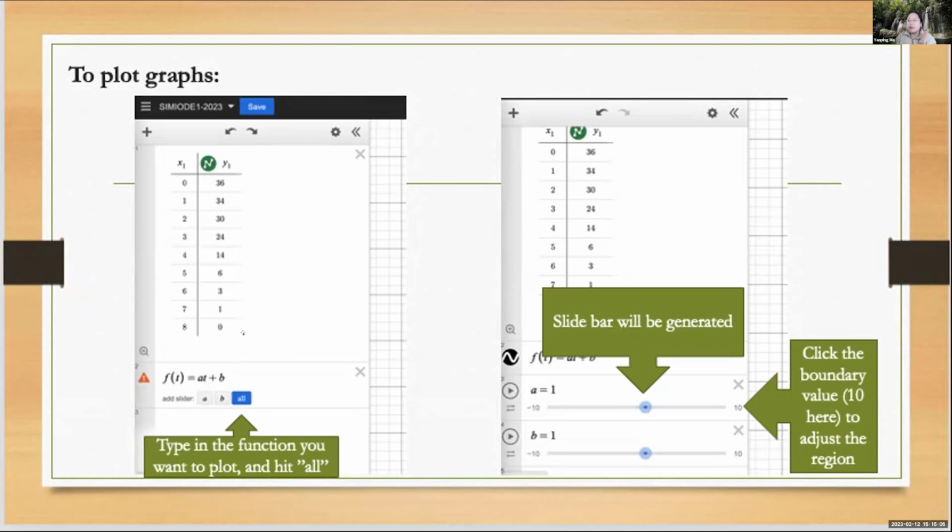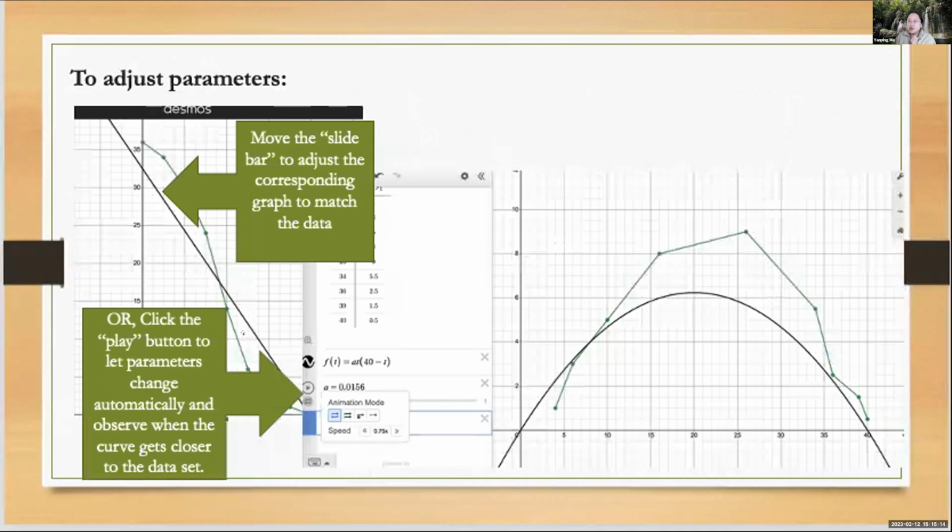You can slide the bar to change the parameter on your graph so you can see the differences in action. And then you can also click on the play button to let the parameters change automatically, so you can visualize how the curves from your model are changing, and how they match with your data.